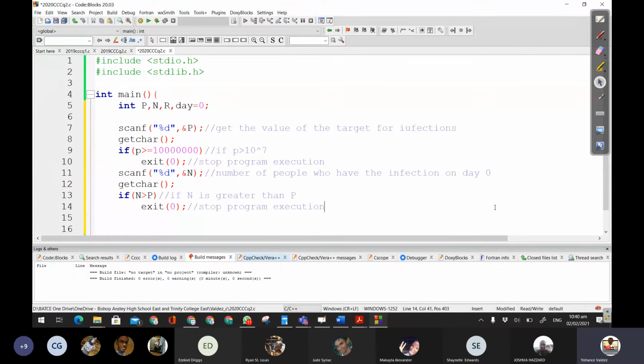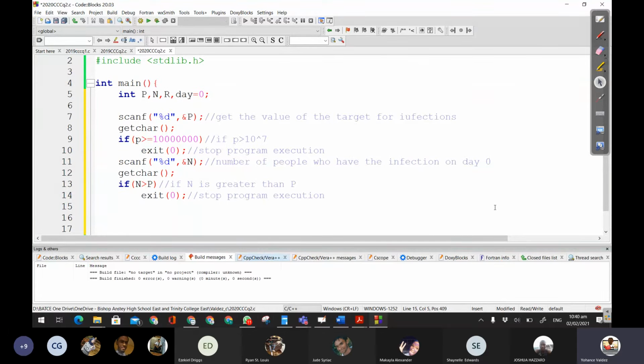And we say the third line contains the infection rate, right? R is the amount of people who get infected per day, per person, right? So we say scanf, and you see why sometimes comments are important for your own self, right? Percent sign d.